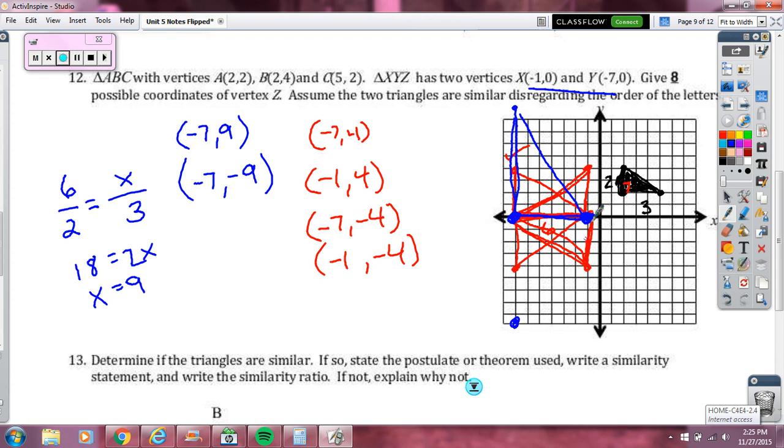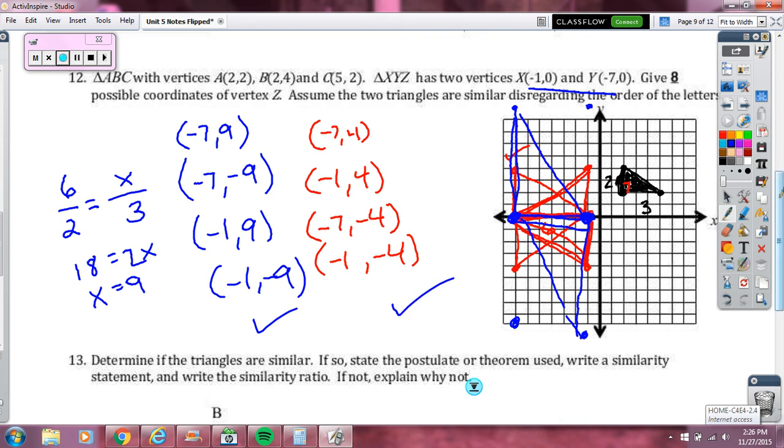Then I could go up and down on the other side. So I would be at (-1, 9) up there, or that triangle would be (-1, -9). So here are my 8 points. That was a tricky one.